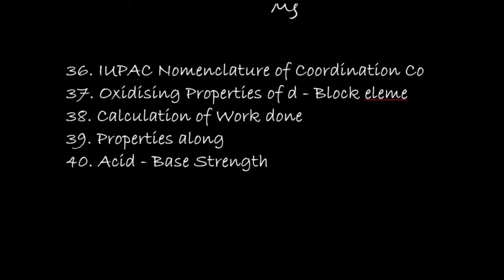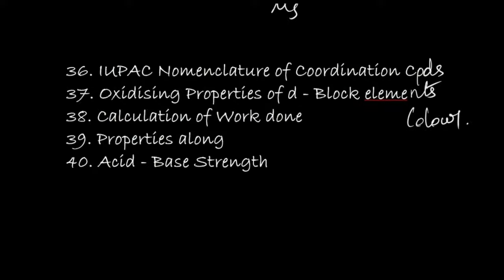Then IUPAC nomenclature of coordination compounds. Right? We already discussed it. Very simple questions only, they will ask. Start with the cation and be careful with the oxidation numbers. Put it in Roman numerals. Okay. Then oxidation properties of d-block elements, and the colors of the d-block elements, which is also equally important.